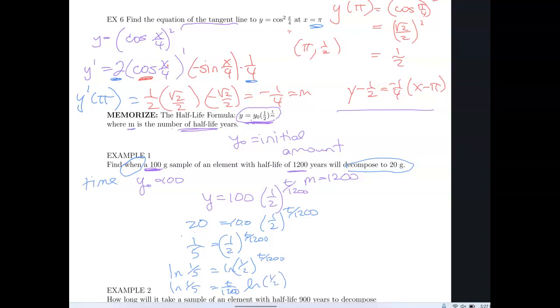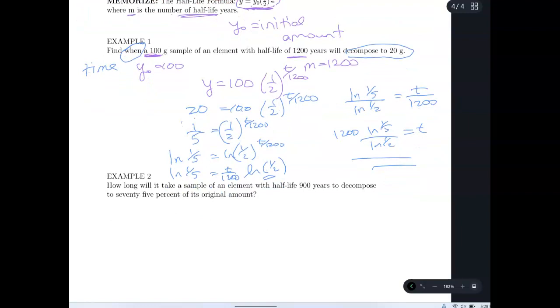Remember, I'm solving for t. So I'm going to say, let's divide through by this ln of 1/2. And I'm left with t over 1,200, and then finish off by multiplying by 1,200. I would prefer this kind of answer than a calculator. That looks wonderful.